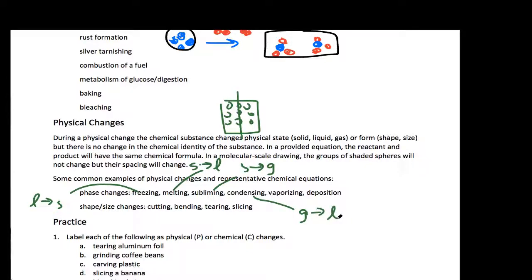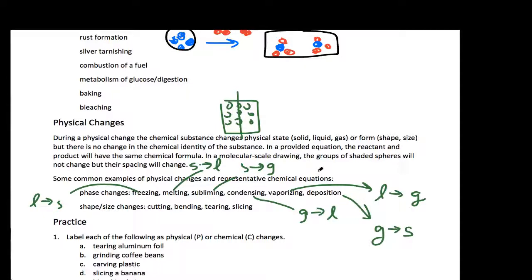Like condensation, when you breathe your hot breath into a cold atmosphere, you get liquid. Vaporizing would be liquid going to gas. And then deposition, you probably very rarely hear about deposition, but that's how snow is created. So you have gaseous water in the atmosphere turning into snow, which is solid water.